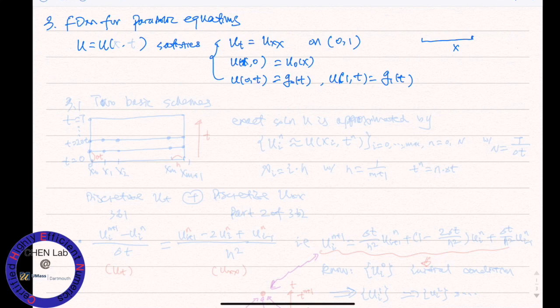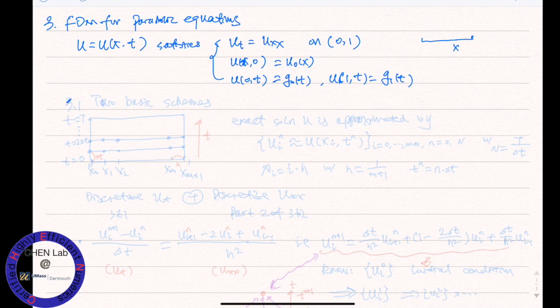This equation models that this is a homogeneous rod, and it models the temperature distribution as time goes by. This really should be u(x,t).